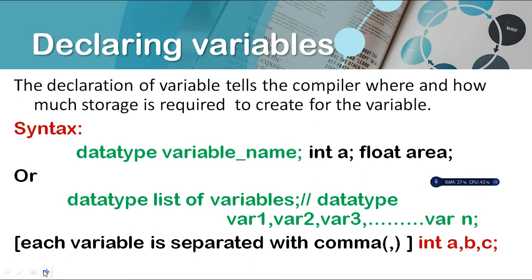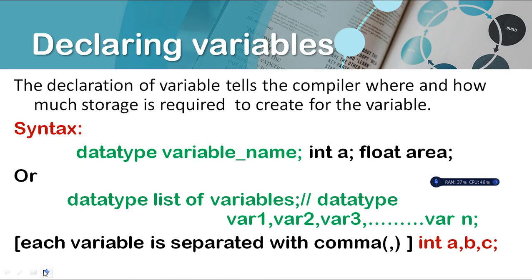It gives the clarification of where to allocate memory for this variable, and also how much memory is needed. Suppose you declare a variable of type integer. An integer can occupy 2 bytes of memory for storing the integer value. So whenever you declare a variable of type integer, the compiler understands that it can give 2 bytes of memory for this variable.